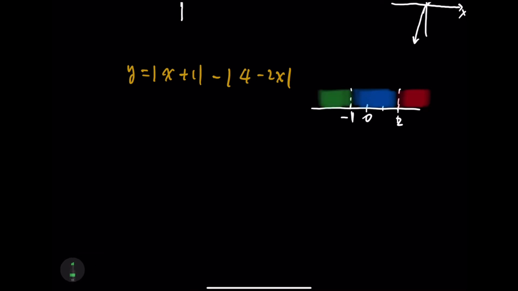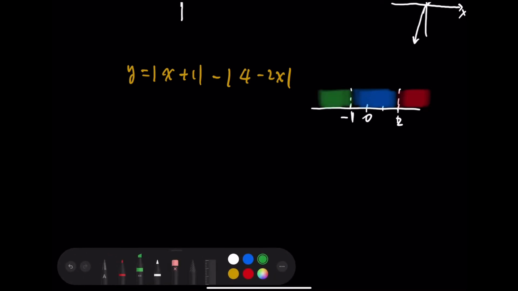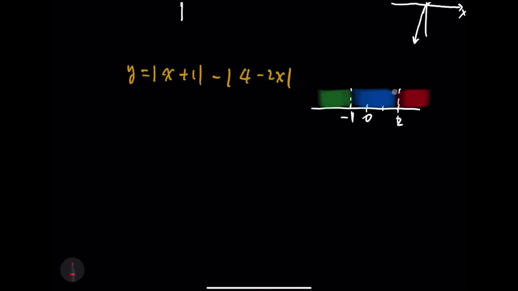So let's do each section, each case, and make each one a different piece. First piece, y equals, when x is bigger than or equal to 2, I'm taking one number in that section, say x equal to 3. So the first absolute value will give me a positive number, so I'm going to open it as just x plus 1.